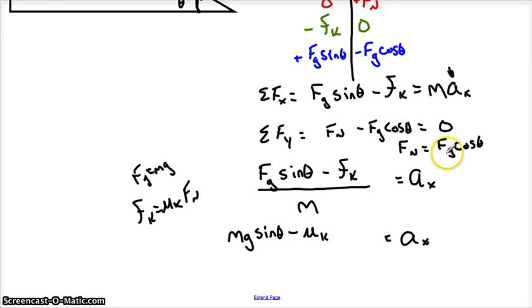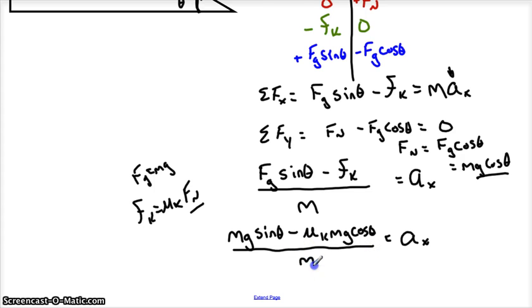Now I'm going to write in for the normal force here. This is also mg cosine theta. So I'm going to substitute this term in directly for the normal force in our equation for the force of friction here. Right here to right here. And this is all again divided by m.